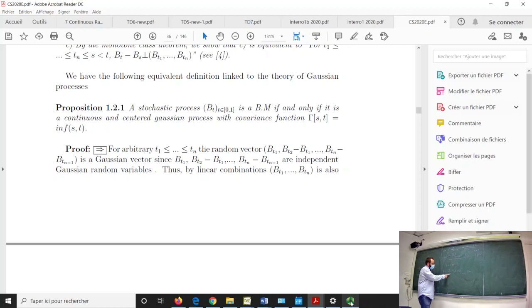So just a remark, I have an infinite sum. You know that an infinite sum is just the limit of finite sums.